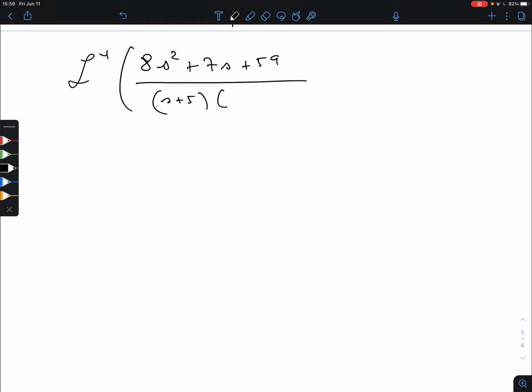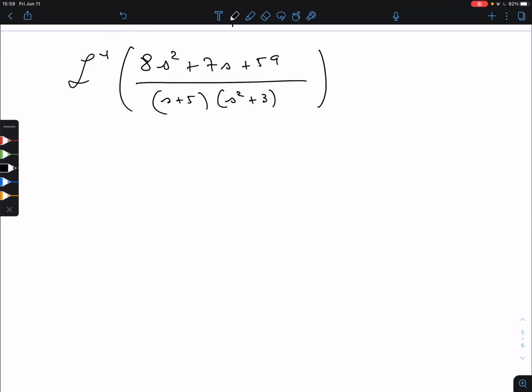I'm going to want to find the inverse Laplace transform of (8s squared plus 7s plus 59) over (s plus 5)(s squared plus 3).